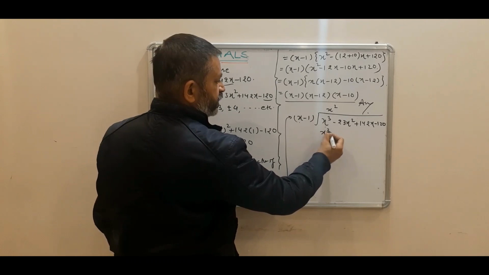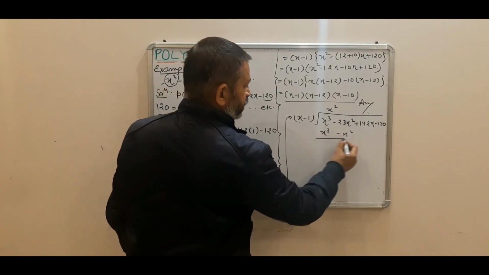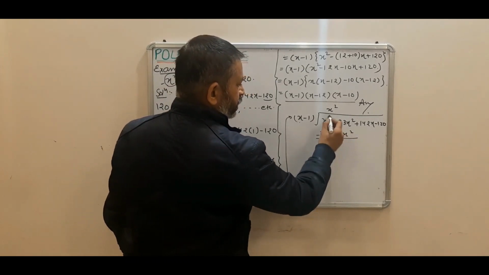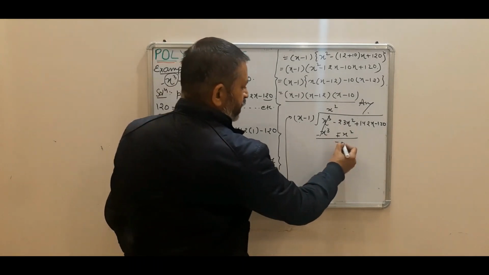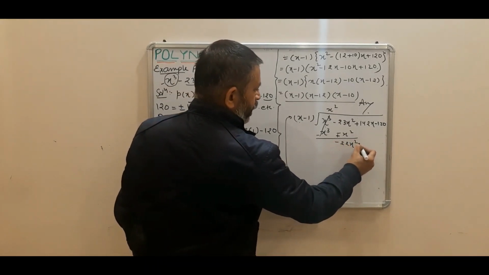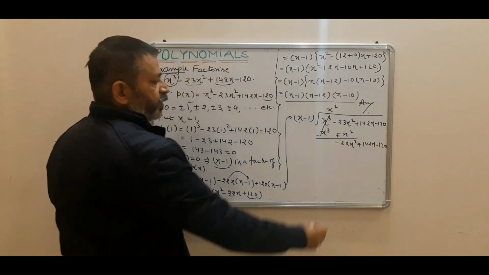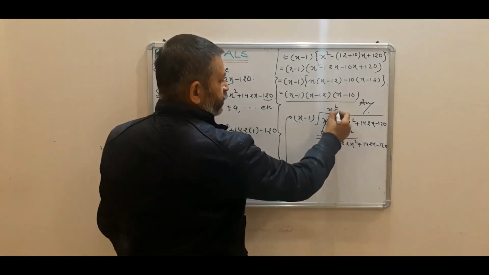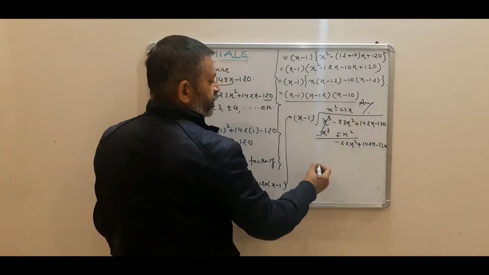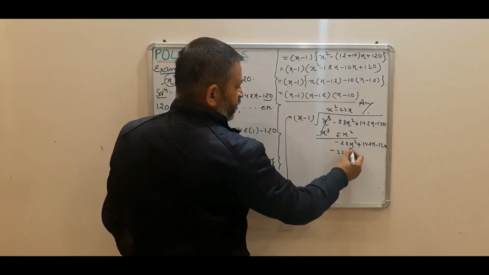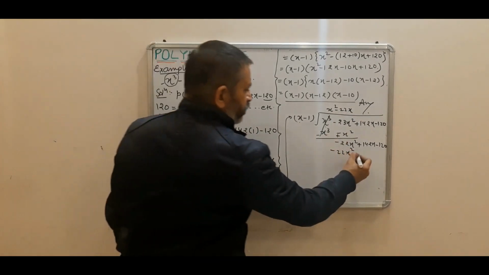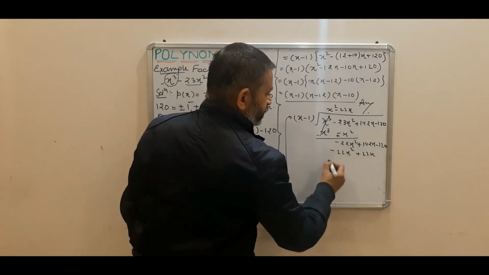It will give x cube minus x square. Subtract, x cube got cancelled. It is minus 22x square plus 142x minus 120. Now what is required? Minus 22x square, so we need to multiply by minus 22x, which comes as minus 22x square plus 22x.